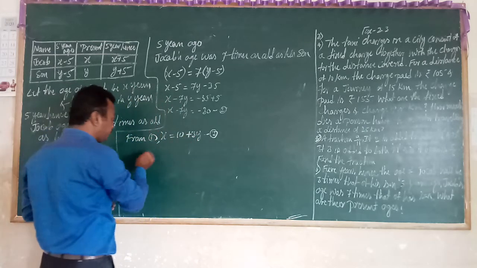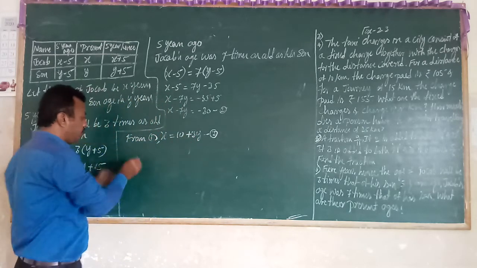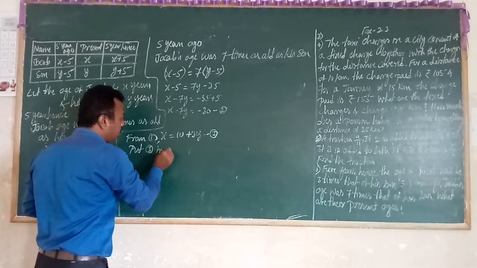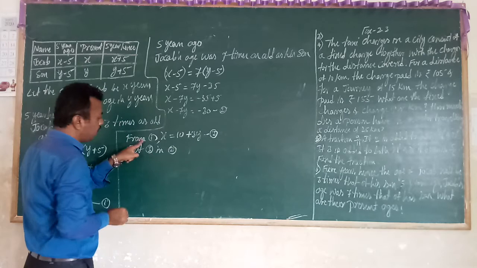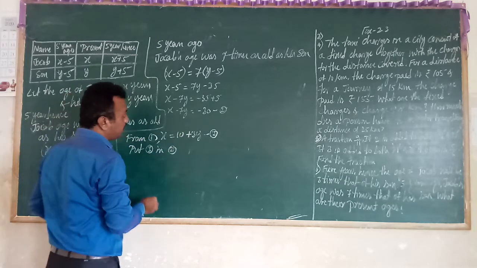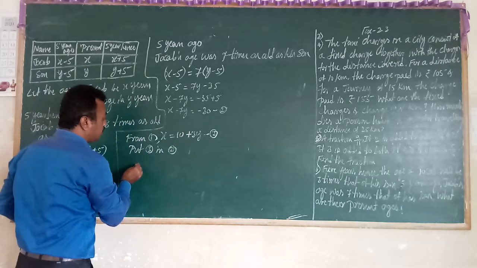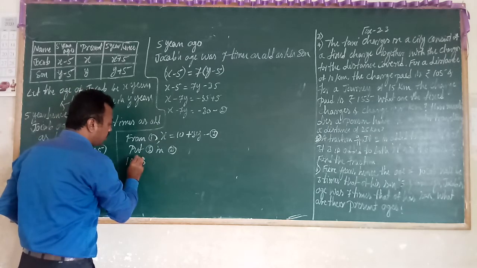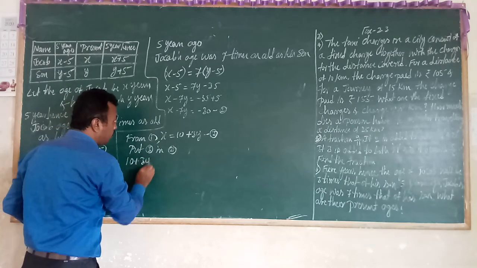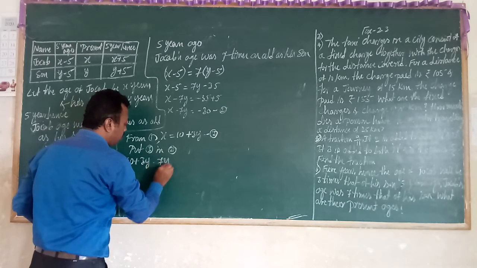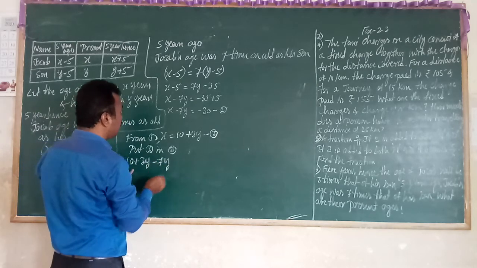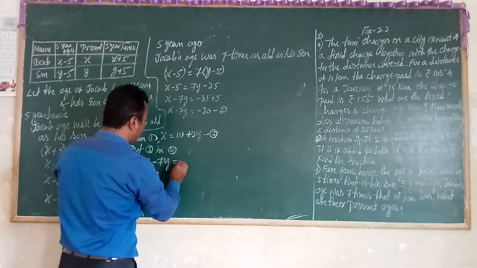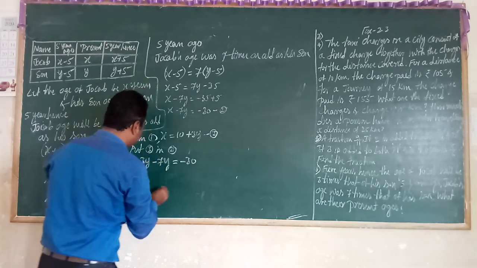Next, put 3 in 2. Since we considered the first equation, I put it in the second equation. So x means 10 plus 3y, minus 7y, equals minus 30.